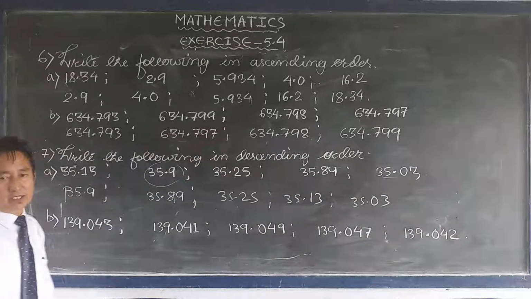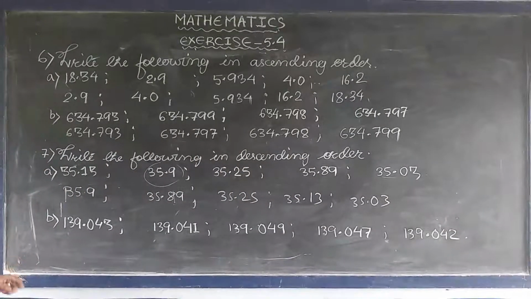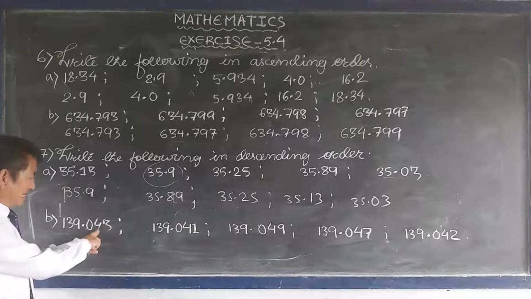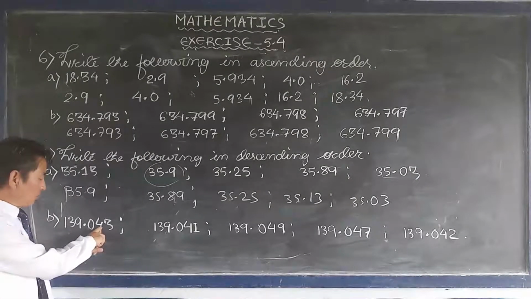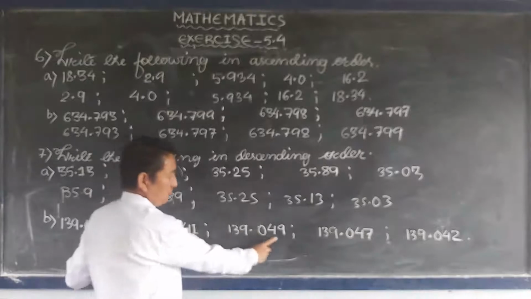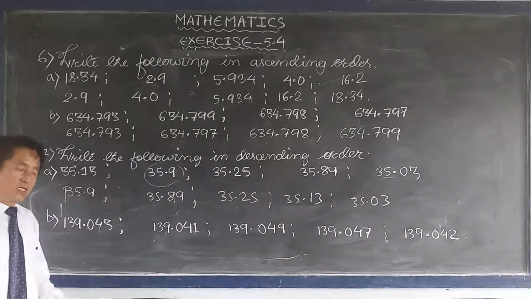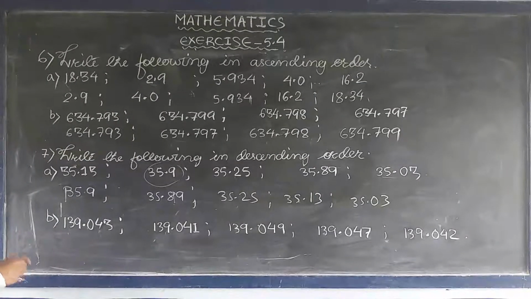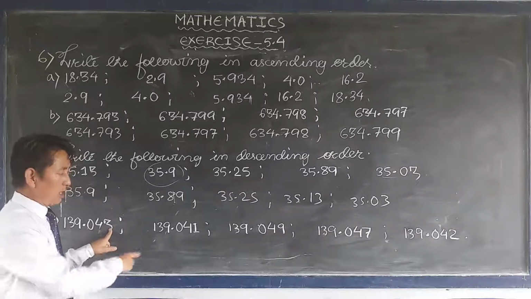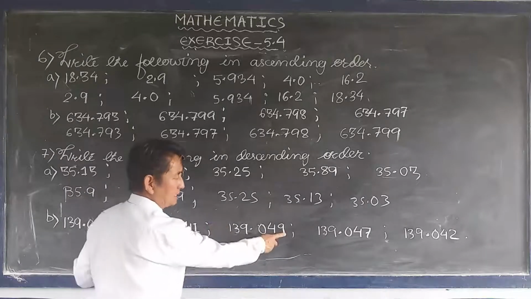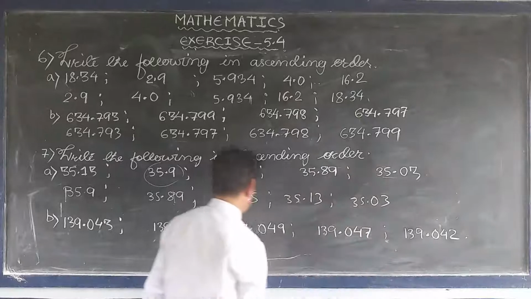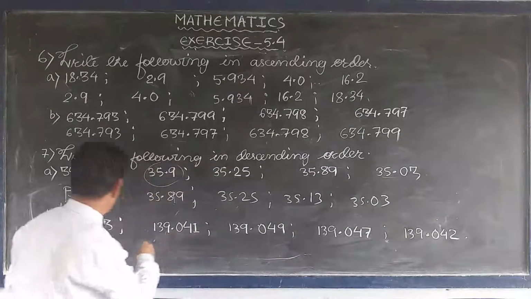In the tenth place, all of them have 0. In the hundredth place, the second digit after the decimal point, 4, 4, 4, 4, 4. In the hundredth place they have the same digit, that is 4. In the thousandth place, 3, 1, 9, 7, 2. This one is the greatest number.